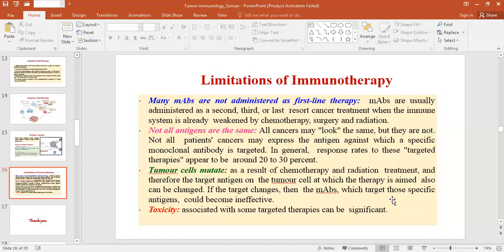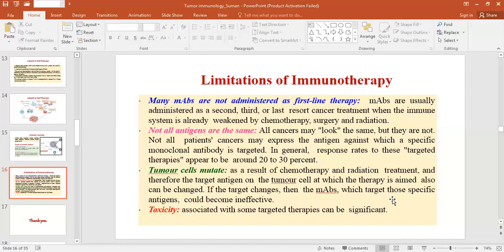So there are some limitations of immunotherapy, mostly monoclonal antibody mediated. They are not administered as a first-line therapy, but as second, third, or maybe the last hope, last resort cancer treatment. When the immune system is already weakened by chemotherapy, surgery, as well as radiation, we can use this therapy. Monoclonal antibody-based immunotherapy is conjugated with radioisotope or chemotherapeutic drugs.